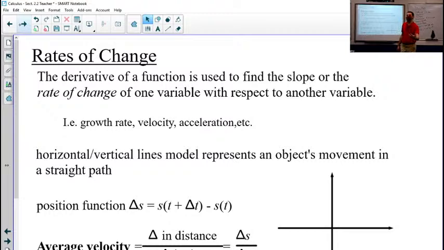In other words, it might say that the velocity is increasing. So that might mean we're going faster. If the velocity were decreasing, that might mean we're going slower. So that is a measurement of acceleration. So the rate of change of velocity turns out to be acceleration.